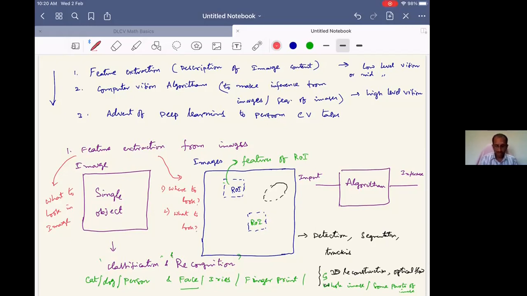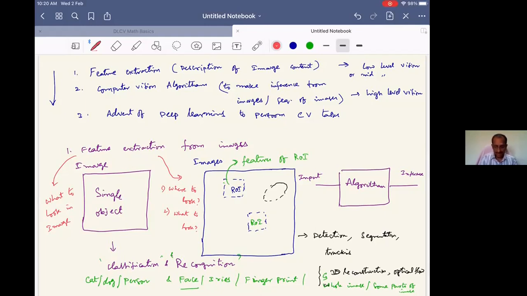So here, when we ask what to look, what we are essentially saying is, rather than describing the image like pixels, can I describe it better? That is the question I'm asking. Rather than describing it like a big array or a matrix of intensities, can I describe it better?